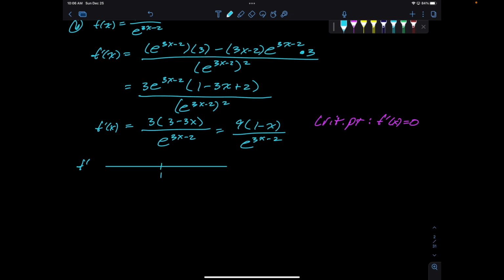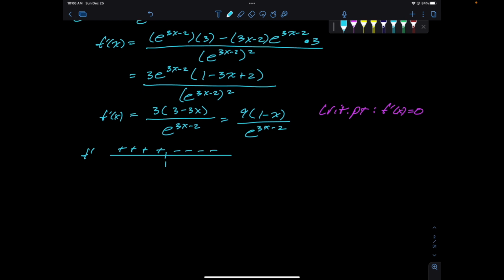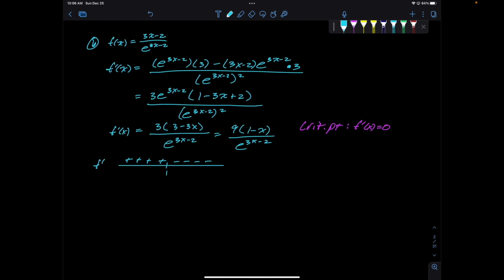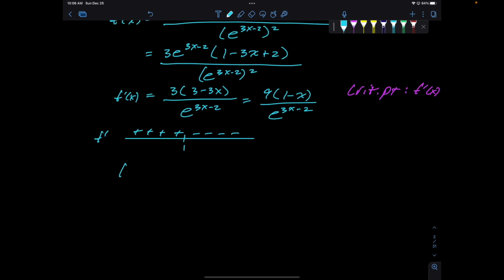If we plug in negative a billion, we get positive, so increasing the entire way until we get to 1. If you plug in a billion, you get negative. So that means that f is, what are we answering? Increasing. f of x is increasing on, let's say that, I'm going to flip this.